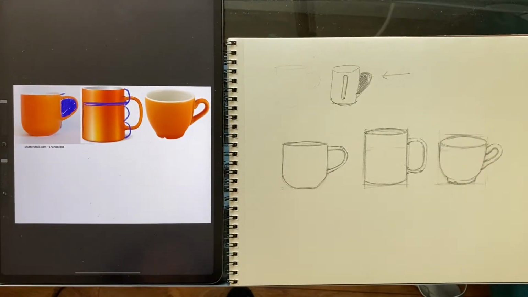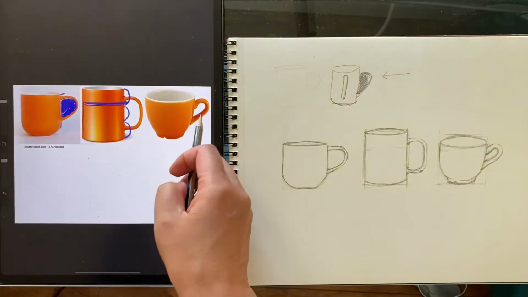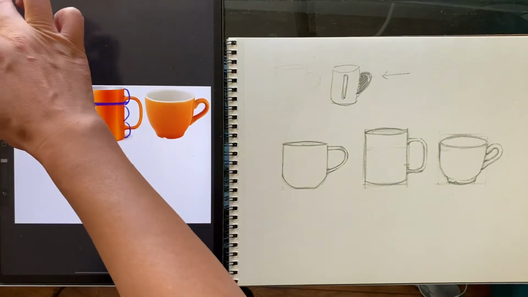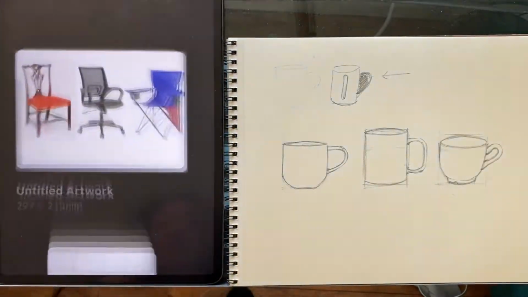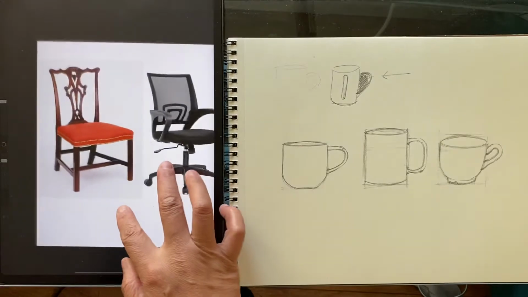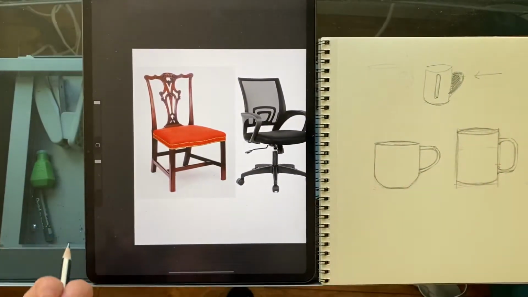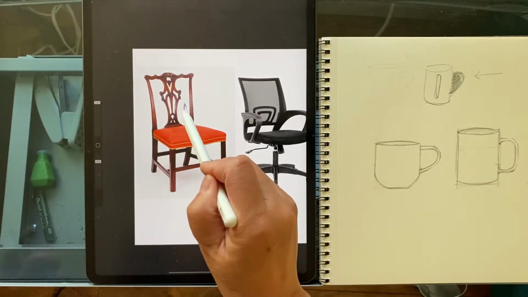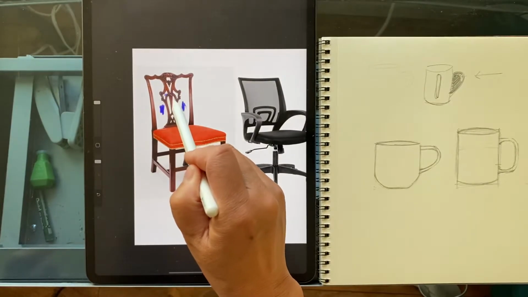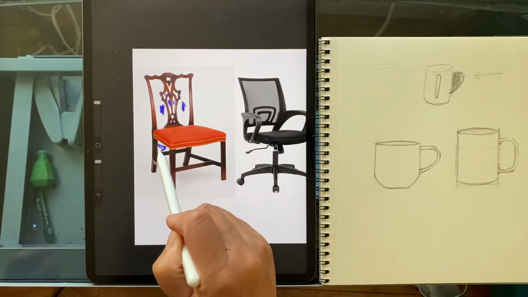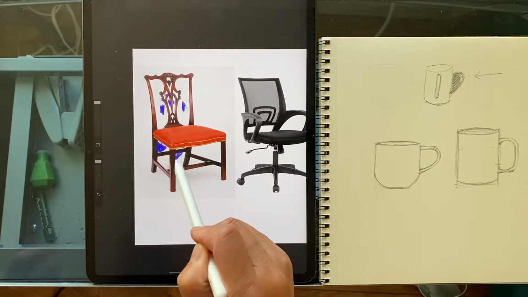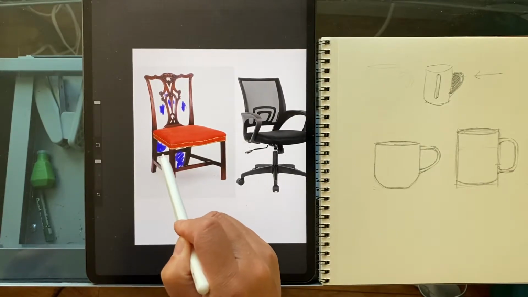Okay, three cups using the negative space. And let's see the chair. See the chair? Those are negative space. Negative space, and they all have shapes, right? Think about it.